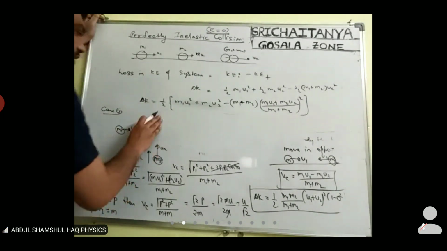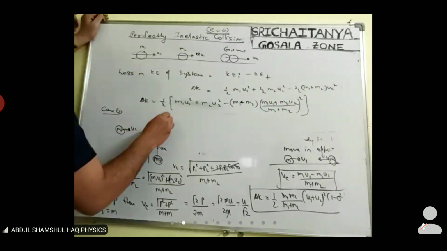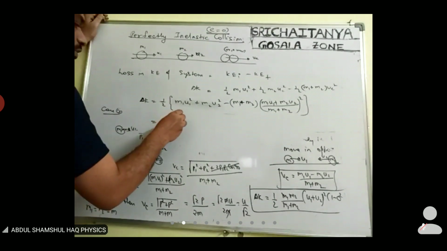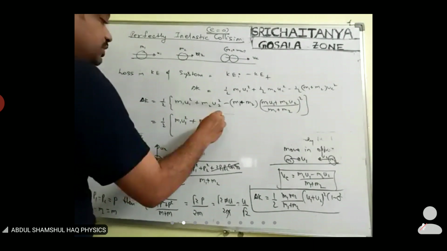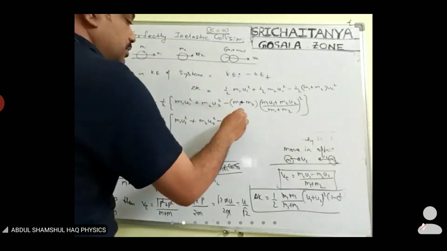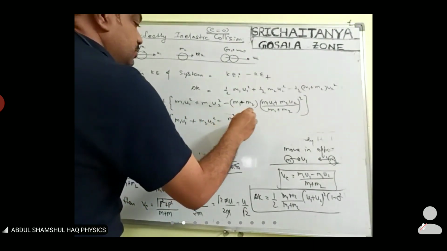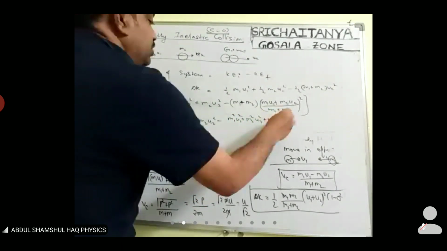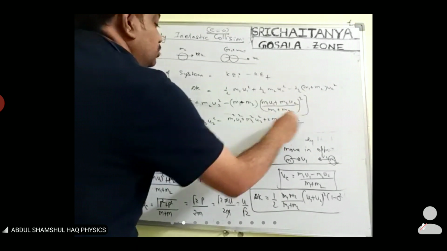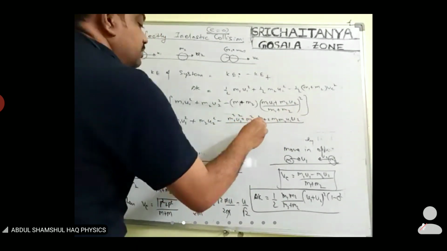So this implies 1 by 2 (m1 u1 square plus m2 u2 square) minus (m1 square u1 square plus m2 square u2 square plus 2 m1 m2 u1 u2) all divided by (m1 plus m2).